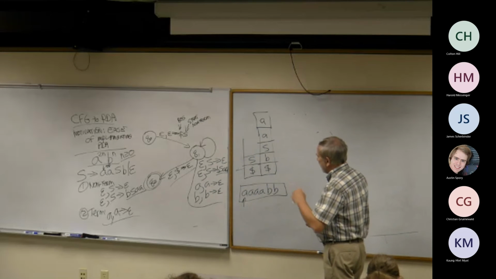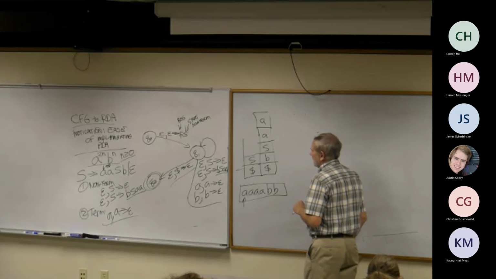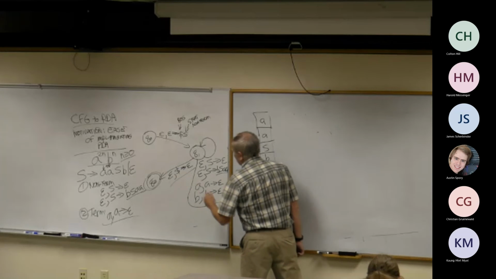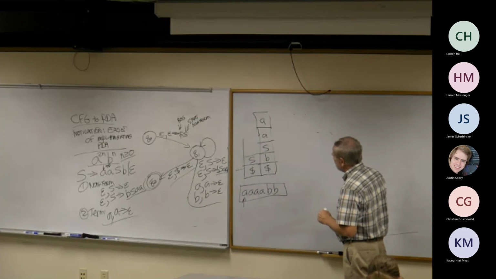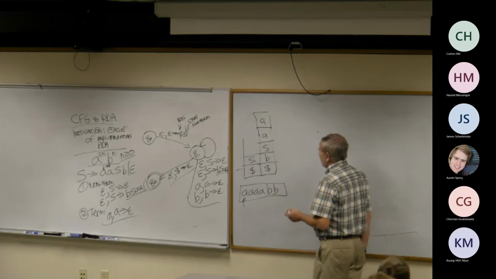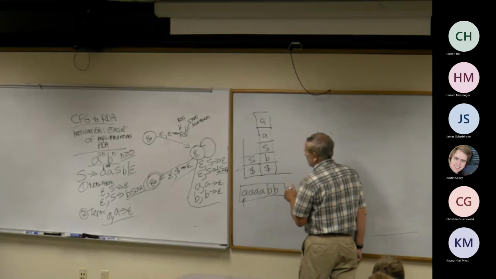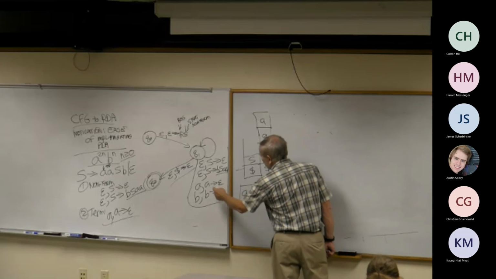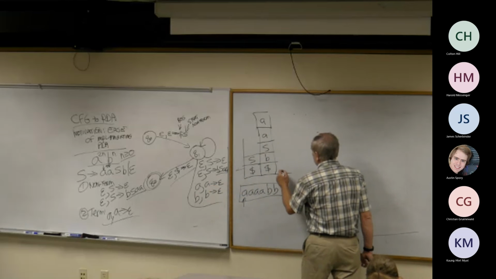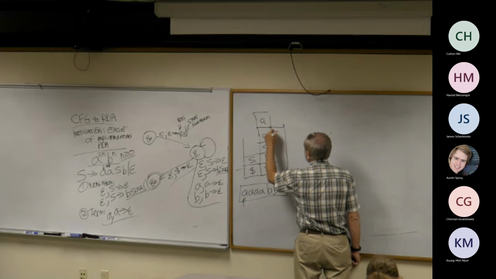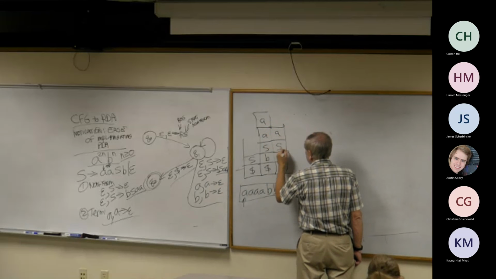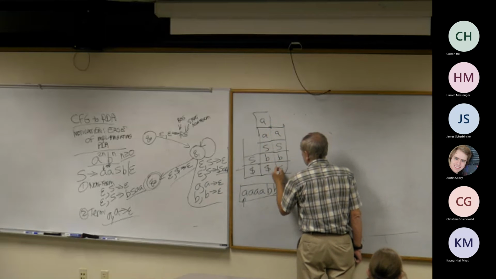It's actually happening, but through a more understandable mechanism. So now, what would happen? Now we've got an A input and an A on top of the stack. We would pop the A off and consume that.